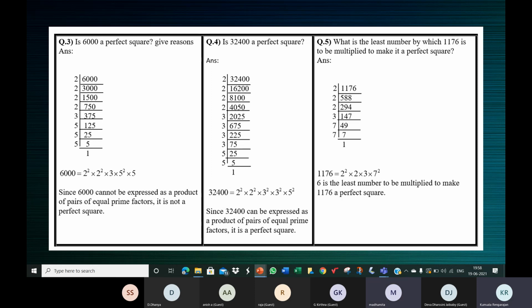Got the number right? Ma'am, is this a question for the test? Yes, this is the second question, Madhumita. Is 21,175 a perfect square? Give reasons. Ma'am, the number is 21,175, right? Perfect. Yes.